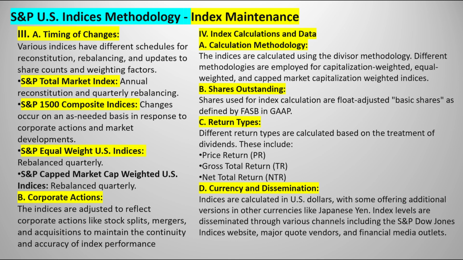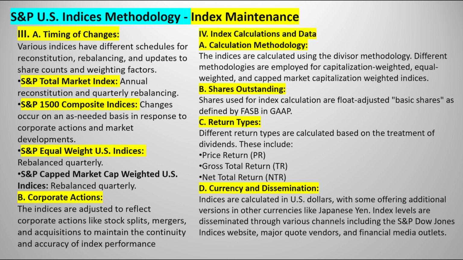Well, imagine you're making a giant fruit salad. Each piece of fruit is like a company in the index, and the price of the fruit is like the stock price. Now, let's say the price of strawberries, one of your ingredients, suddenly goes through the roof. If you kept adding strawberries to the salad based on their new higher price, the whole salad would just taste like strawberries.